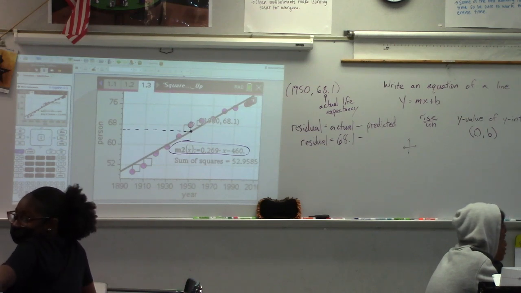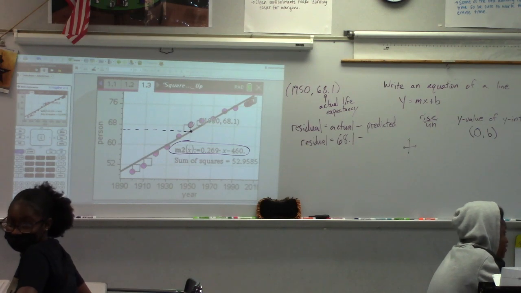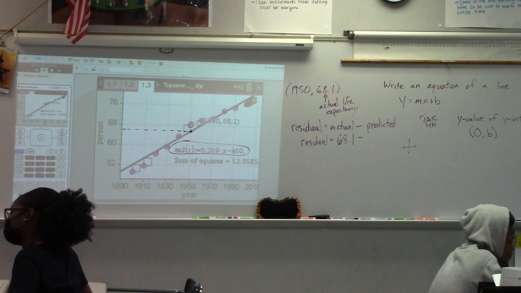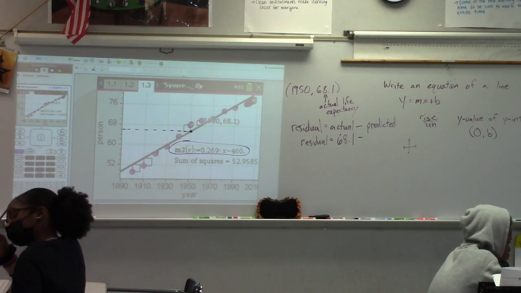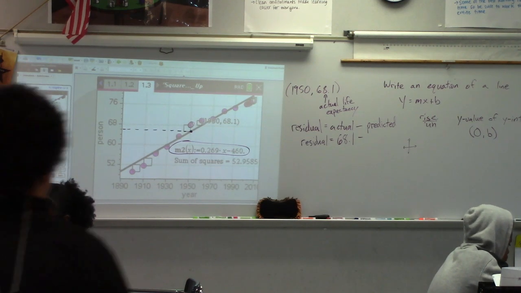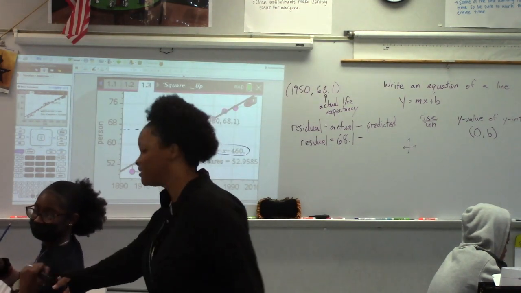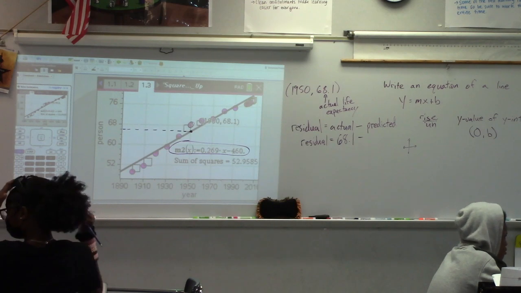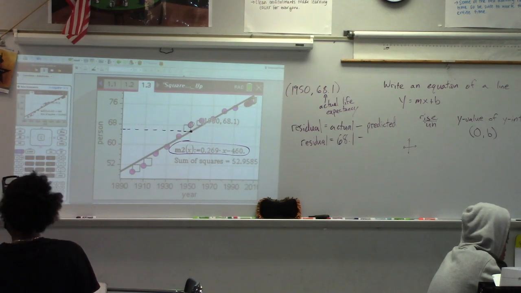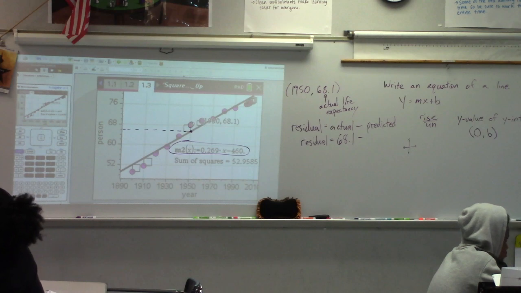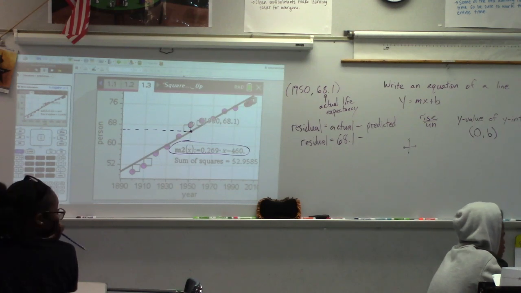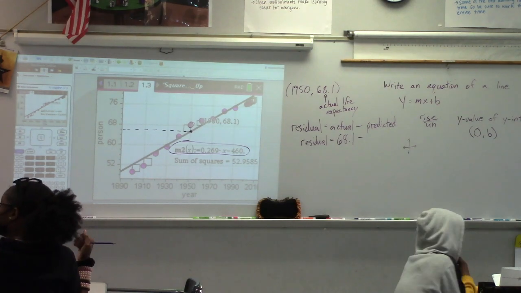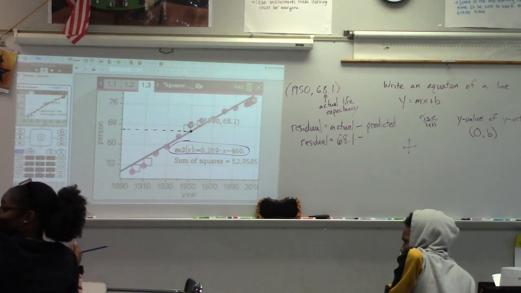Does that make sense? No, we're looking for year 1950, so we go to 1950 and go up to that point. The whole thing is that we're now using this equation to get the predicted. The line is the predicted, so all I have to do is put in the input to get that predicted.